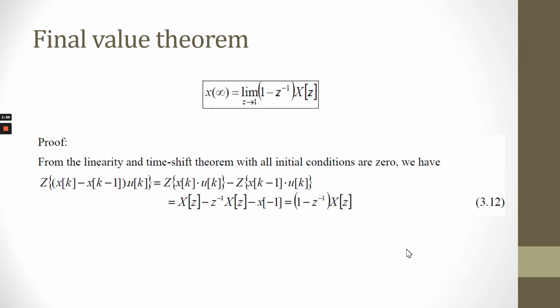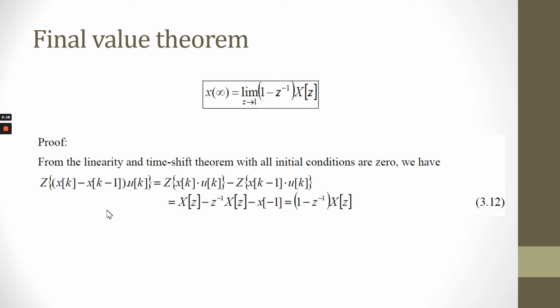The next property is the final value theorem. When n goes to infinity, the z transform is the limit of z approaching 1 multiplied by the function 1 minus z to the power of negative 1 times X(z).